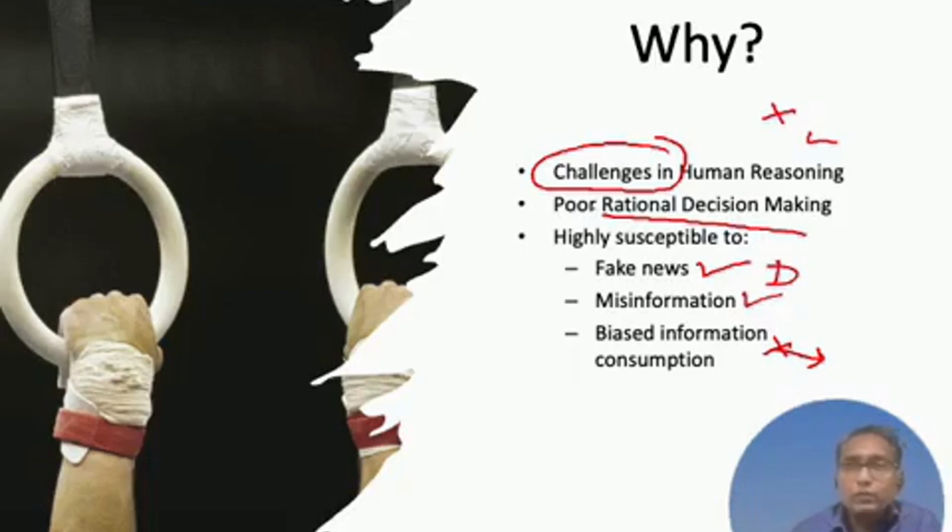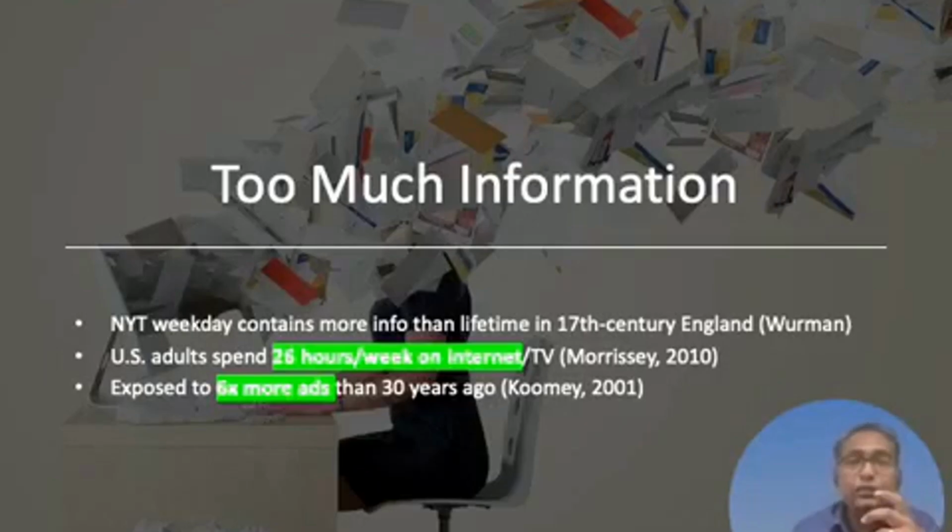So it's ironic that on the one hand, our system has developed to be quick and automatic, but to be an effective evaluator of information, you need to slow down. The kind of evolution we went through doesn't fit the kind of world we are in now. For instance, according to a report, the New York Times weekly contains more information than you actually experience in your lifetime.